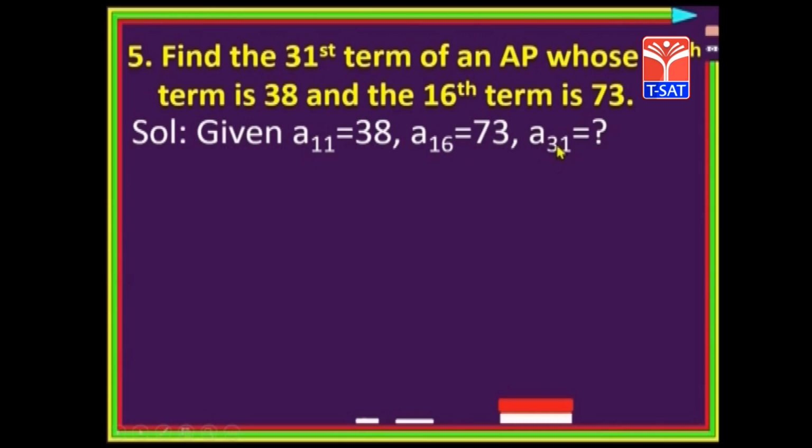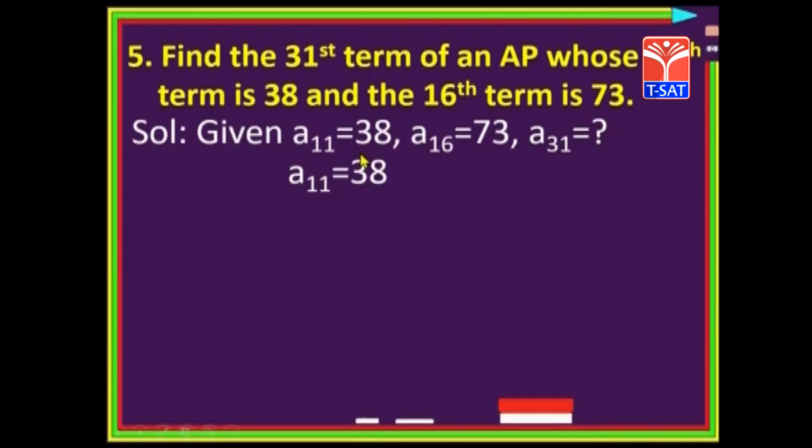How can we find it? First by using these two conditions and solving, we will get A and D. So what is the formula actually? A31 is equal to A plus 30D, right? So to find the value of A31, we should find A and D by using the two given conditions. Okay, let us solve.